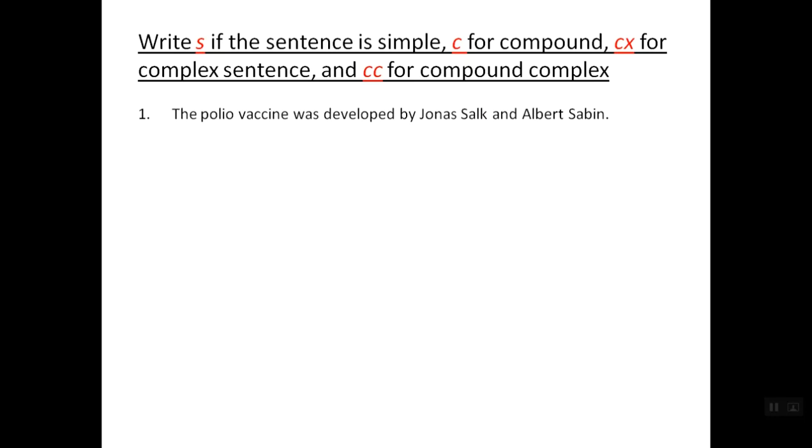How many tense verbs? Was developed, or developed. Okay, how many subjects? The polio vaccine. So one subject and one predicate. What do we call this? Yes, perfect. It is a simple sentence.